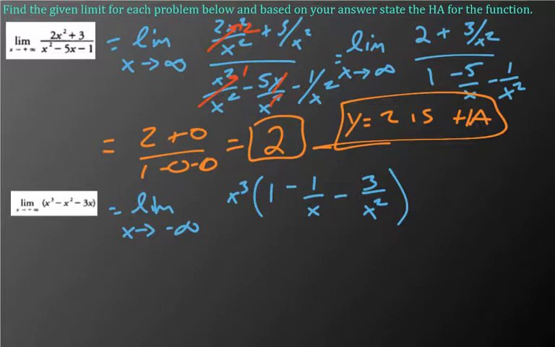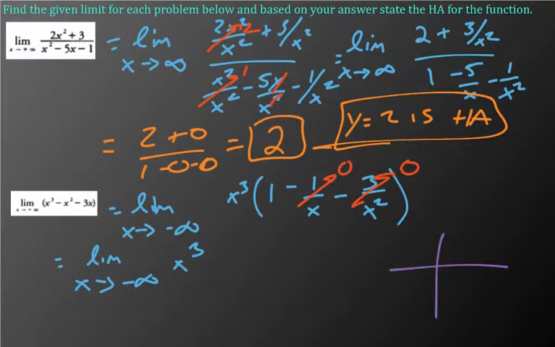So, we know that this would go to 0, this would go to 0. And so it's really the same problem as what's the limit as x goes to negative infinity for x cubed. And if you just think of x cubed, it looks like this. As you approach negative infinity in x, your graph crashes down.